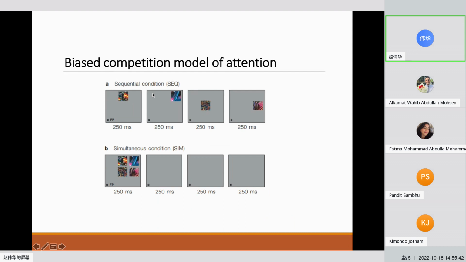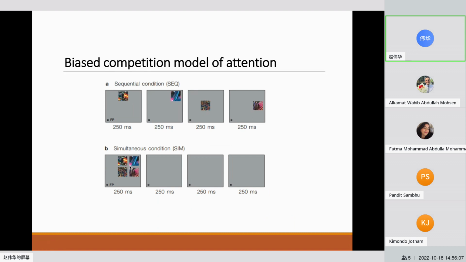One is the competing stimuli were presented sequentially, so one by one. The other condition is the competing stimuli were presented simultaneously, so at the same time, we may see 4 figures or 4 pictures at the same time.